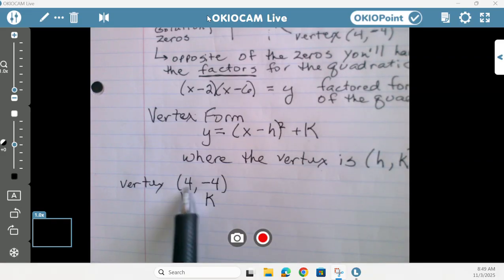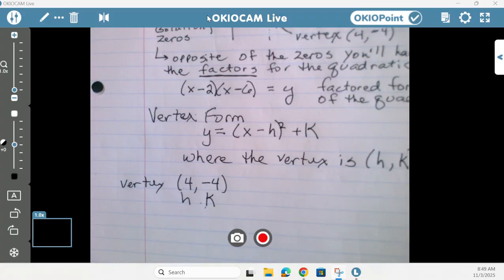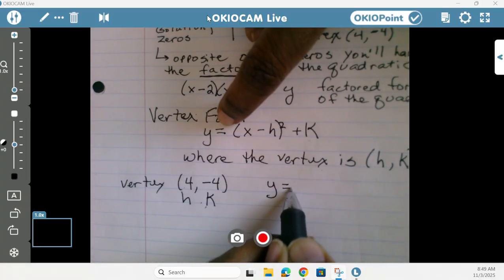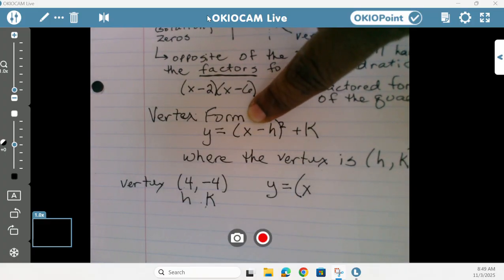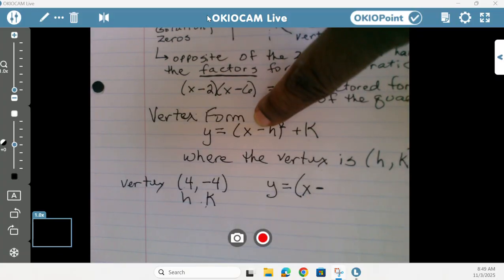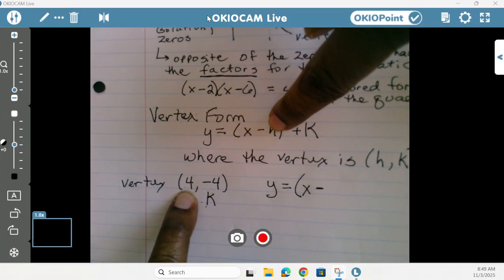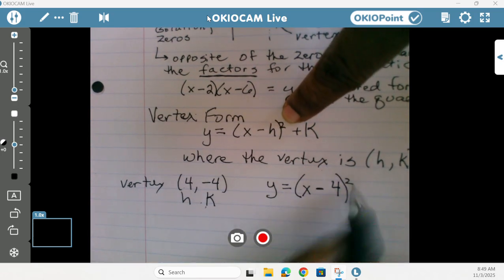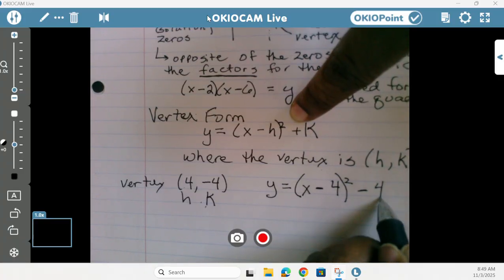So the equation in vertex form for this quadratic is going to be y equals, parentheses, the x stays the same, the minus is in the formula. H is 4, close the parentheses, squared, plus k. Our k is minus 4. So I'm going to put minus 4.